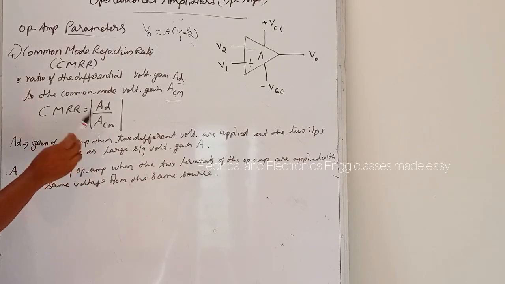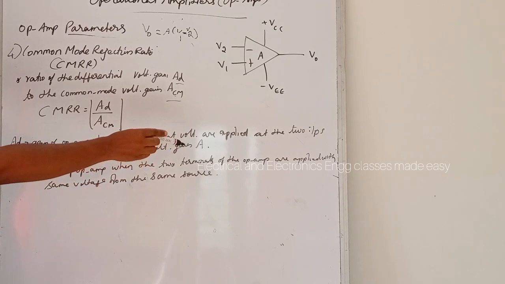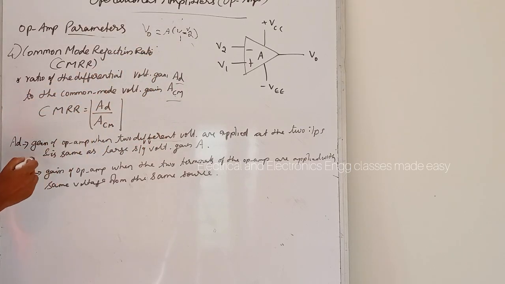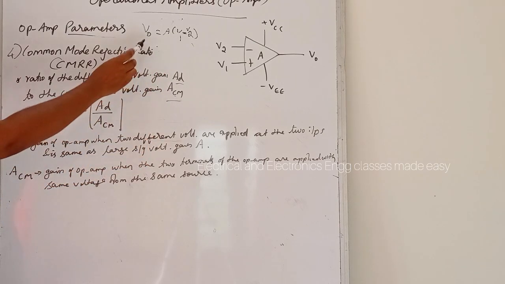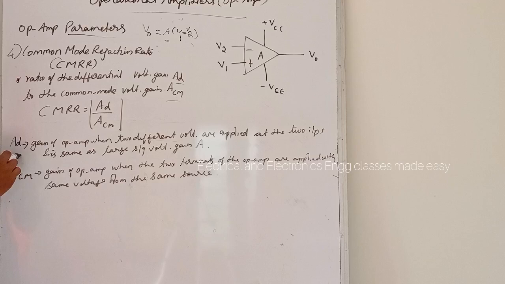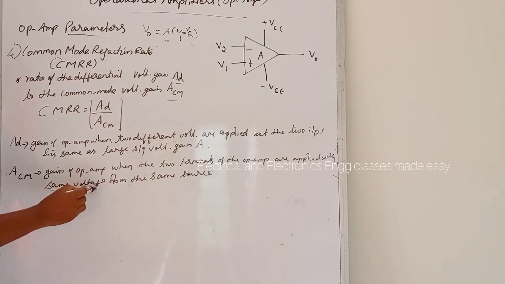Then what is AD and ACM? AD, the differential voltage gain, is the gain of the op-amp when two different voltages are applied at the two inputs, and it is the same as the large signal voltage gain A. Then what is ACM? The common mode voltage gain ACM is the gain of the op-amp when the two terminals are applied with the same voltage from the same source.